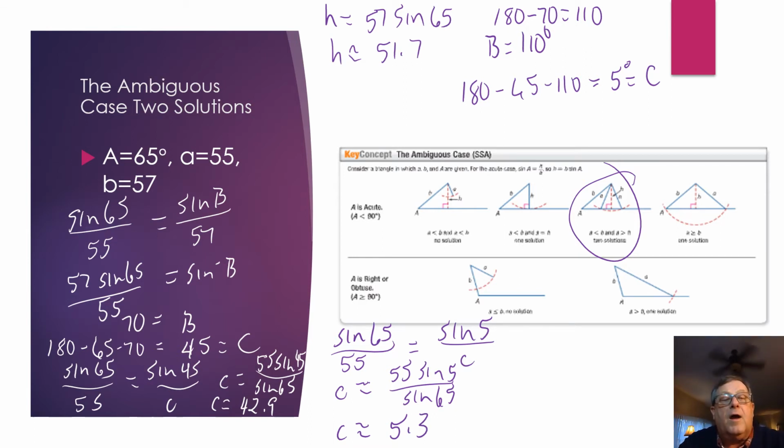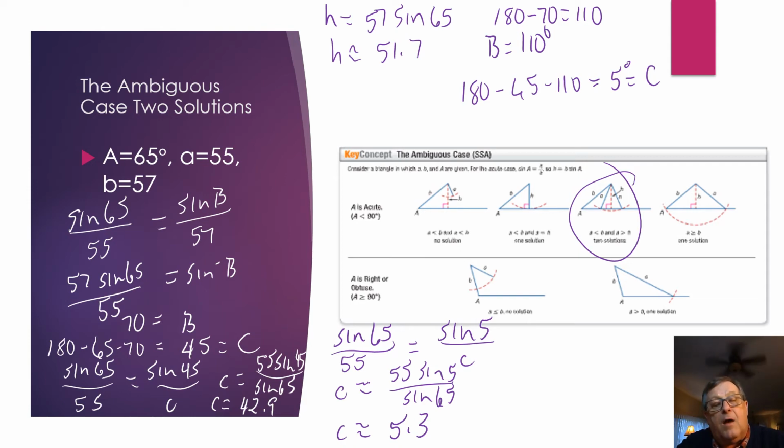All right, again, just a real quick recap. We were given the fact that angle A was 65 and the side opposite it, side A, was 55, and the side adjacent to it was 57. This prompted us to find angle B using the law of sines, which I took the sine of 65 over side A, that's the sine of A over side A, sine of 65 over 55, set it equal to sine B over side B, which was 57, and then taking the inverse sine of 57 times the sine of 65 divided by 55, and that gave me a possible angle measure for angle B of 70.